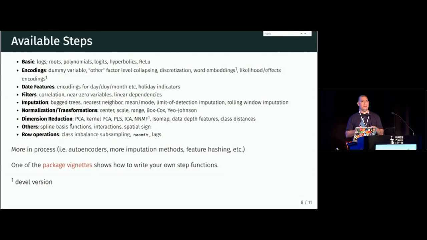But then if it's a model-based imputation, the terms object has to save this potentially large model object, and you would have to do that inline separately for all your predictors. So it's really easy to say step_impute, whichever method you want to use, and then have it store that in a much more reasonable and usable way.